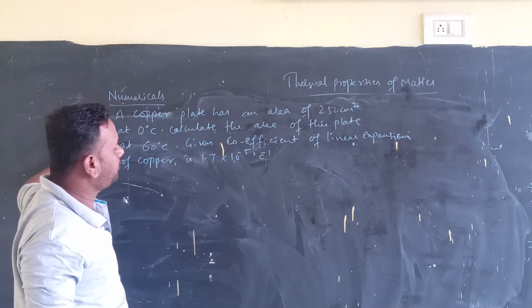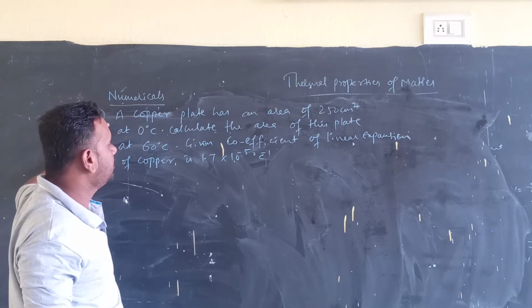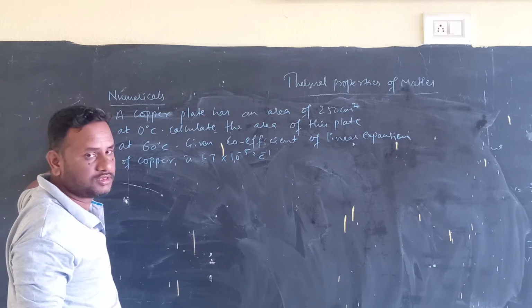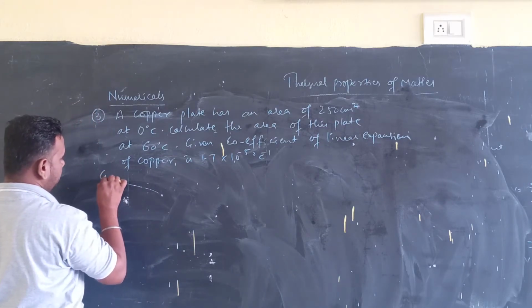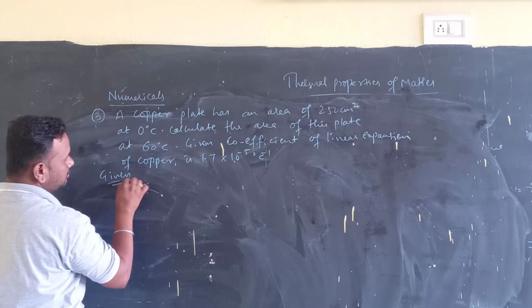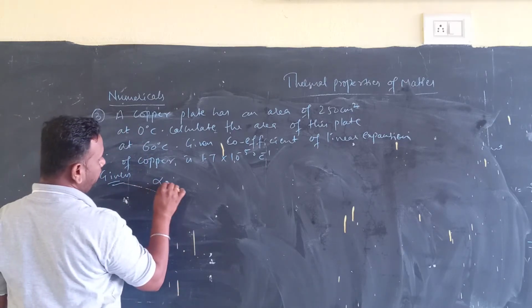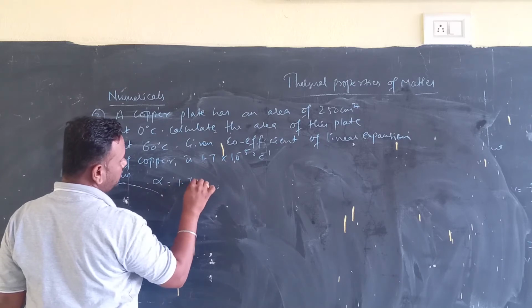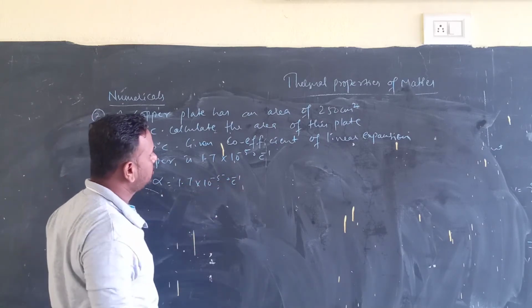Given the coefficient of linear expansion of copper is 1.7 into 10 to the power of minus 5 per degree Celsius. Now first of all, you write the given data here. Coefficient of linear expansion is given. That is alpha is equal to 1.7 into 10 to the power of minus 5 per degree Celsius.